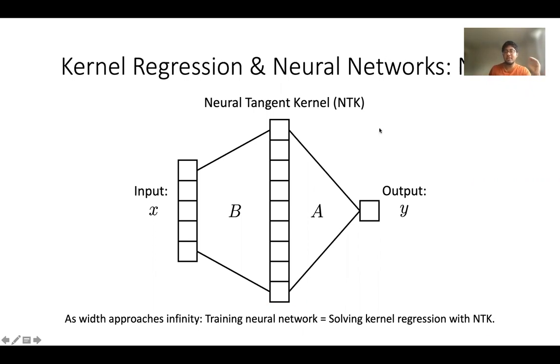But just as a fundamental picture, what this is saying is you're training a super complex nonlinear model. In fact, you're optimizing over some non-convex landscape, so it's a very difficult thing to understand. On the other hand, if you take this model and you make it super, super wide, you make it huge, you're effectively solving linear regression in some transform space.